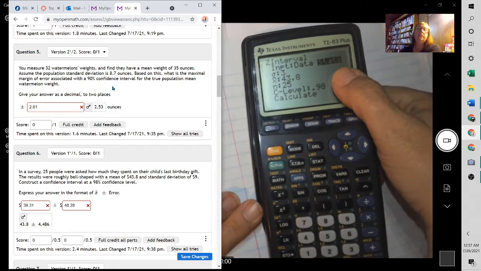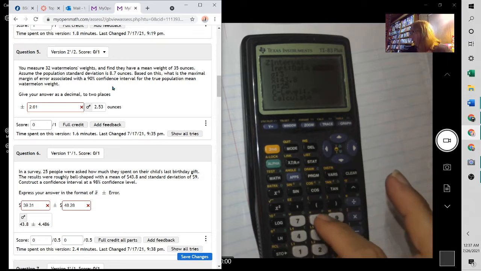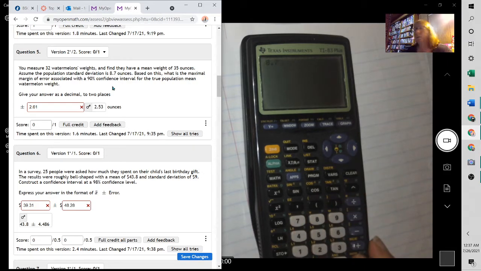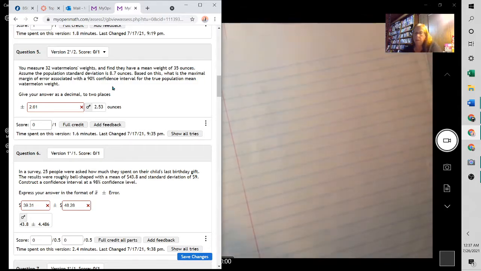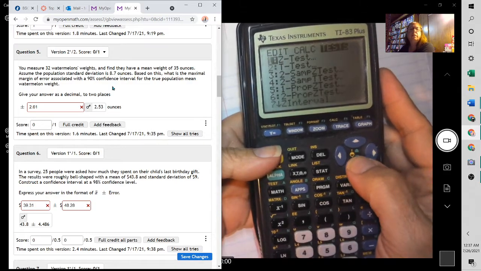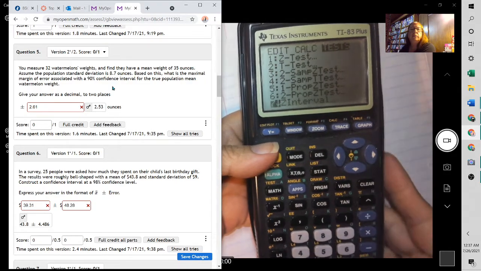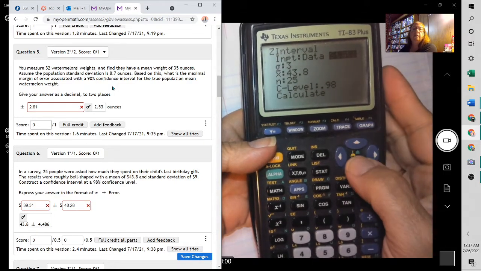We're using statistics. Our standard deviation was 8.7. Oops. Stat, test, down to this one. I don't know why. Oh, because I didn't move from stat.